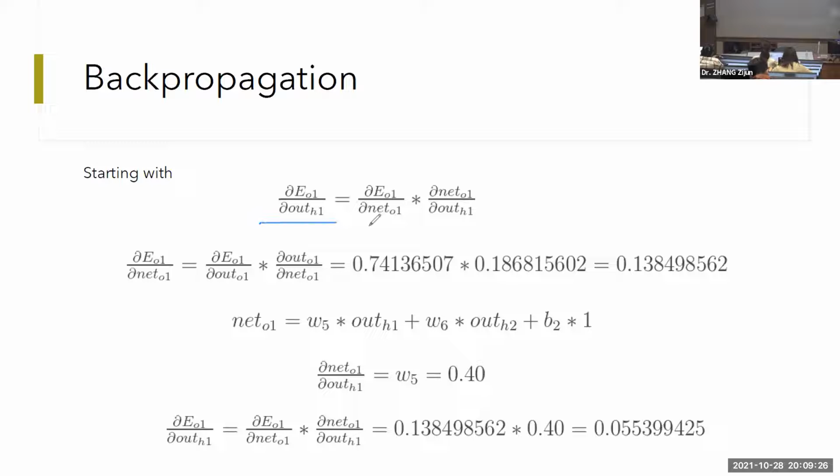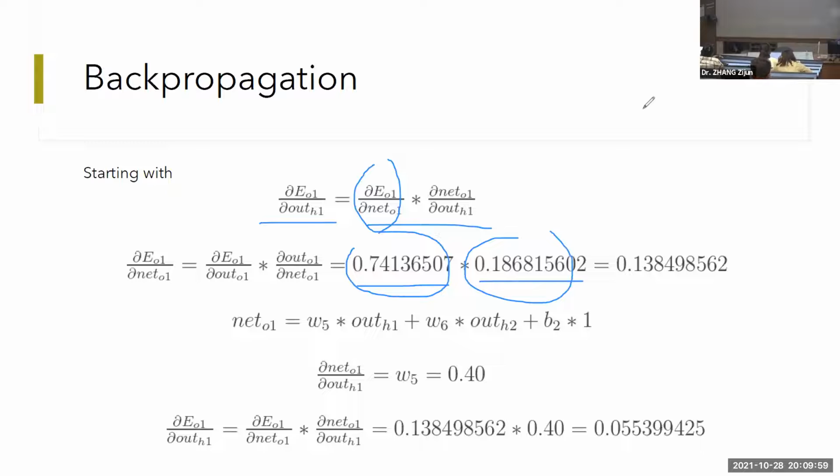All right. So for this one, we apply the chain rule. It can be equivalent to taking the derivative of the loss at output 1 against its input, and multiplying by the derivative of its input against the output of hidden node 1. So this one will be directly plugging in the values 0.718 and 0.186.